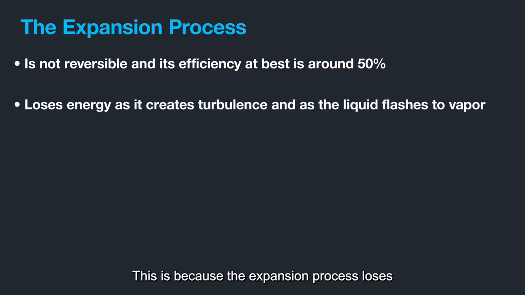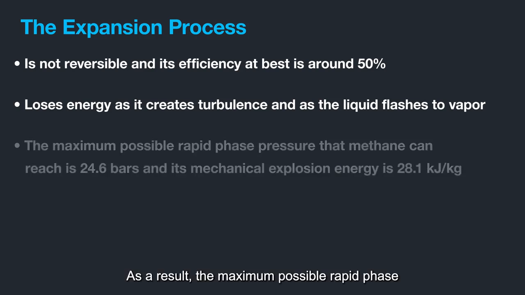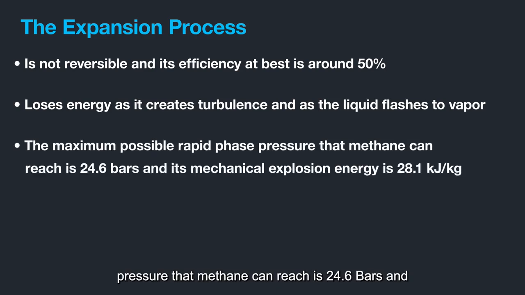This is because the expansion process loses energy as it creates turbulence and as the liquid flashes to vapor. As a result, the maximum possible rapid phase pressure that methane can reach is 24.6 bars, and its mechanical explosion energy is 28.1 kilojoules per kilogram.